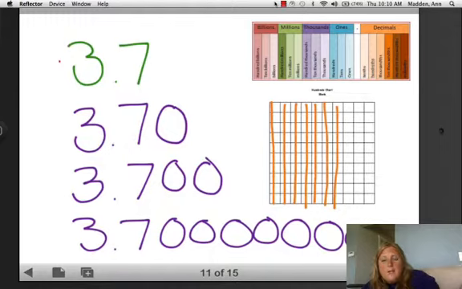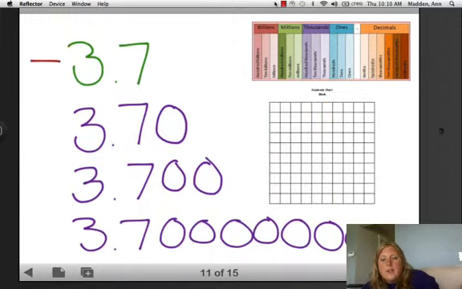Now let's erase this and take a look at 3 and 70/100. Remember, each square on the hundreds chart means one hundredth. 1, 2, 3, and so forth, I'd continue on. When I would get to 70, all of these would be filled in. They're the same exact number.